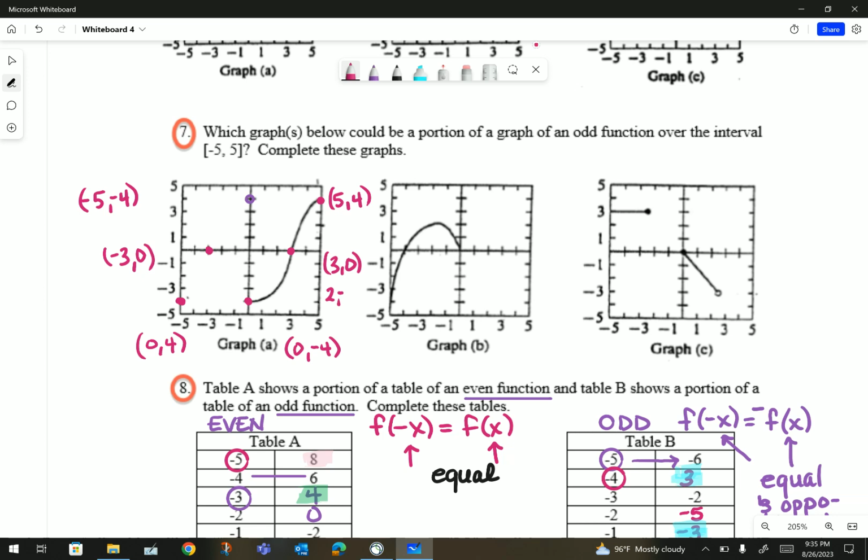So that's going to be on this side, negative 2, and then negative 2.8 is going to become positive. So negative 2, 2.8 is about right there. So let us connect those dots.